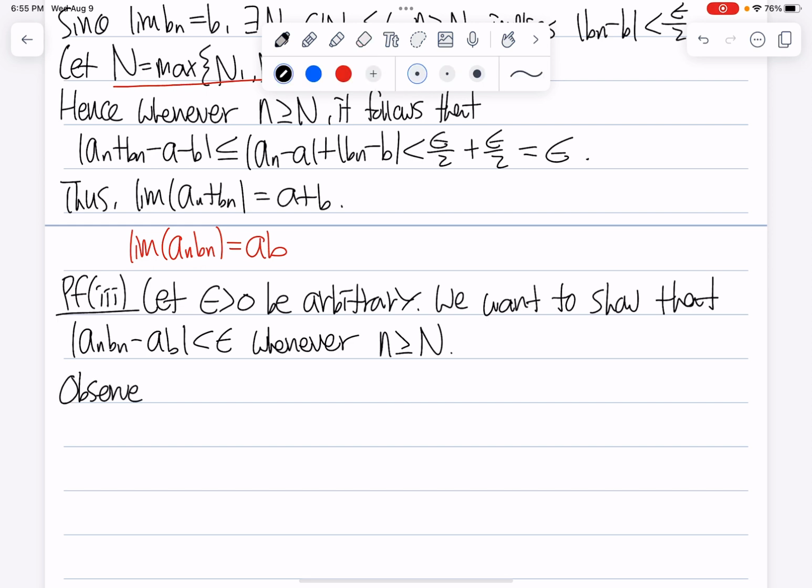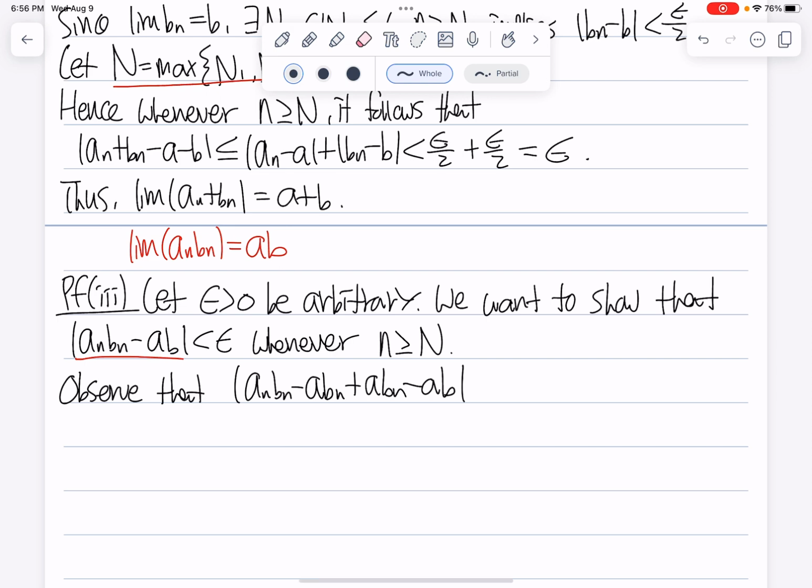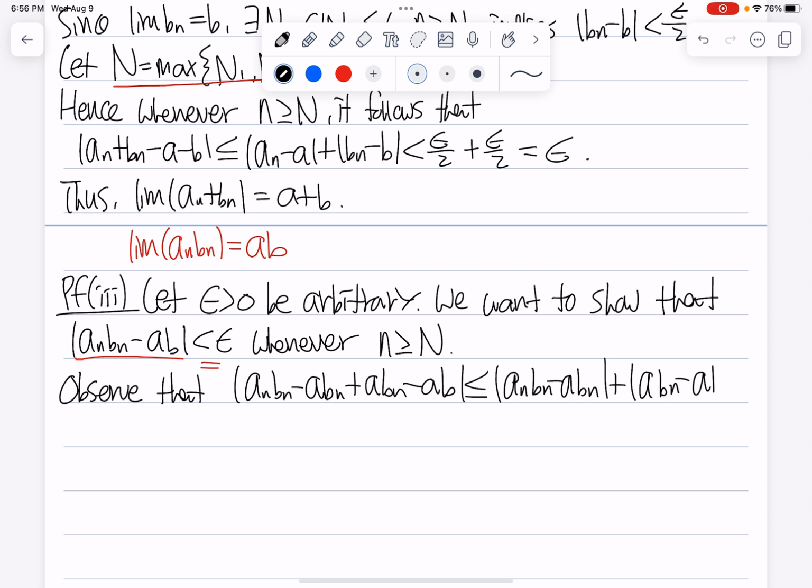Observe that an bn - abn + abn - ab is the same thing as this. We're just adding and subtracting abn. So these two are actually the same thing. Well, what we can do is use the triangle inequality to say that this is less than or equal to |an bn - abn| + |abn - ab|.